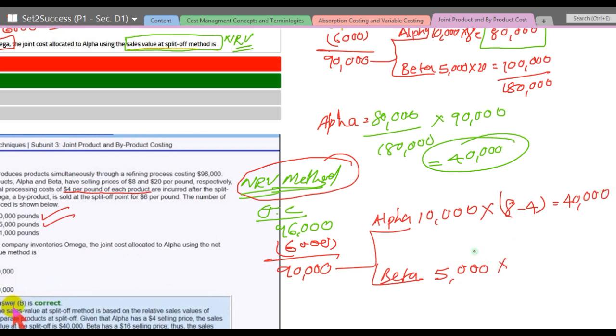And the same for beta, we have 20 sales price minus 4, because it is 4 per pound for each product. Selling price minus additional processing cost will give you the NRV. So NRV is 80,000 for beta. The total comes to 120,000.